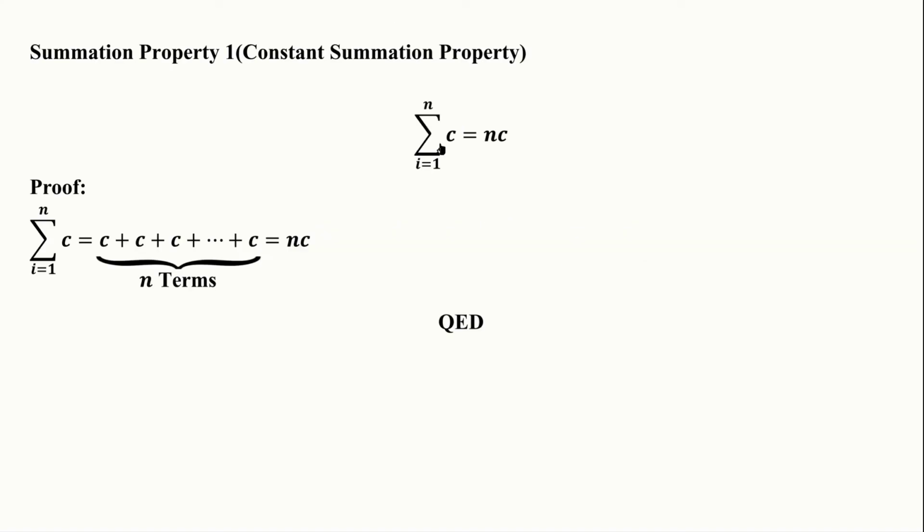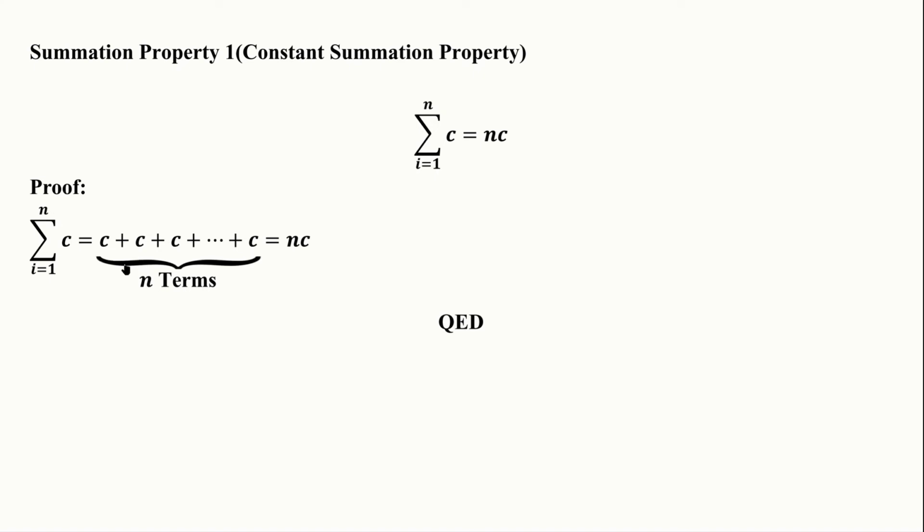All right, here's one I've been hinting at for a while, that if you have the sum from i equals 1 to n of just a constant, which has no i associated with it, then it's just going to be n times that constant. Here's the proof. The sum from i equals 1 to n of c, that's just going to mean what? c plus c plus c. How many times? n times, right?